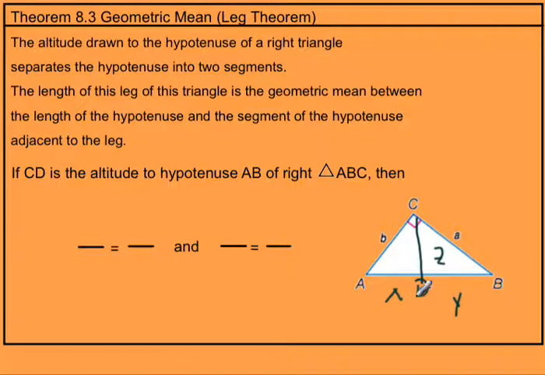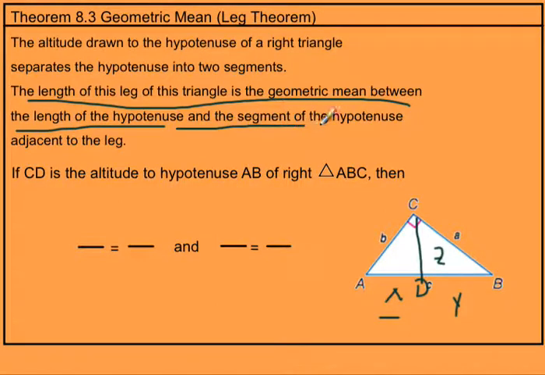Okay, so CD is going to be our altitude. So we know here that my altitude is going to be z. I know that the length of the leg of this triangle is the geometric mean between the length of the hypotenuse and the segment of the hypotenuse adjacent to the leg.